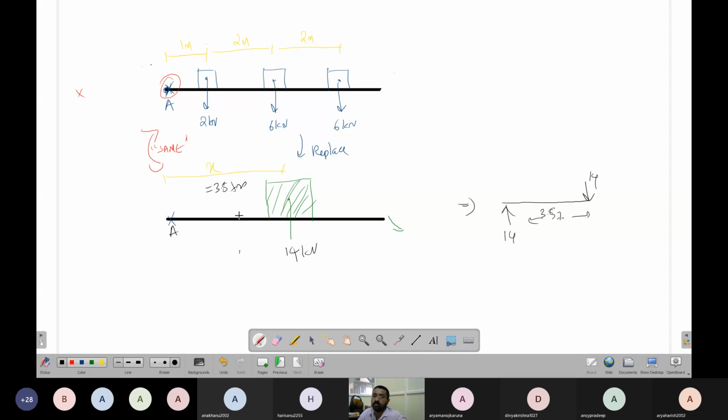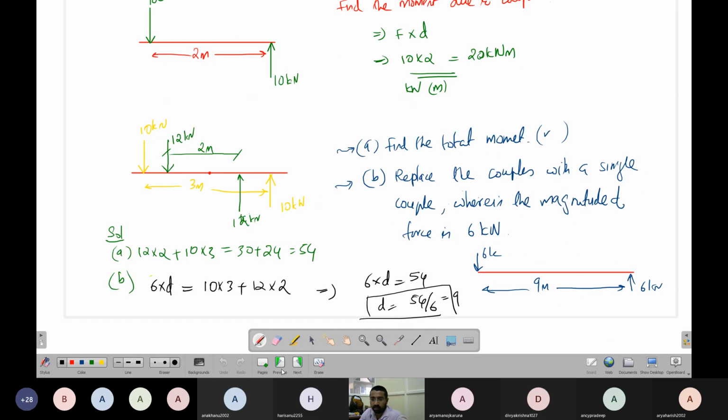Okay, it is one and the same. So even if you are not able to see it as a couple, every force, every reaction, is behaving as if a couple. Force into distance, it is behaving like a couple. That is the couple theory.